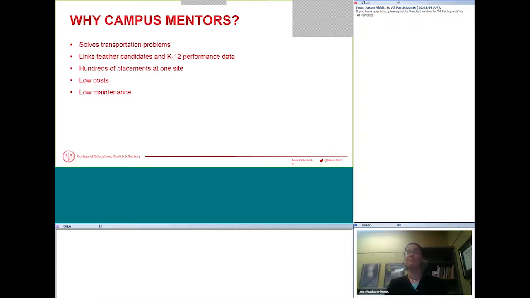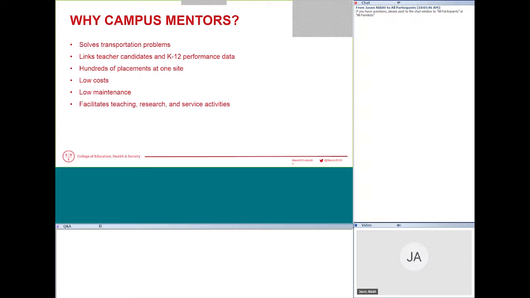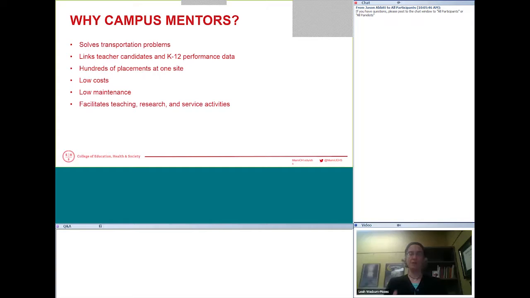Question came in of how will this model work for student teachers in higher ed? So for teacher candidates, I'm assuming this means teacher candidates who are doing their student teaching. Right. So correct us if we're wrong about student teaching. We have not used it for a student teaching site per se, and I'll get to that a little bit later in terms of the flexibility.